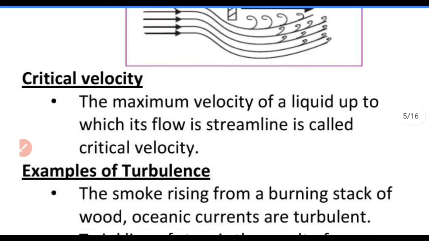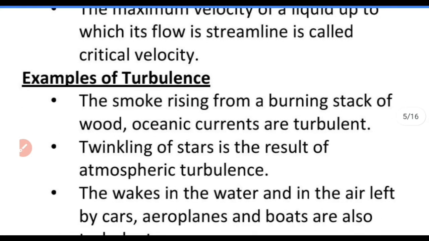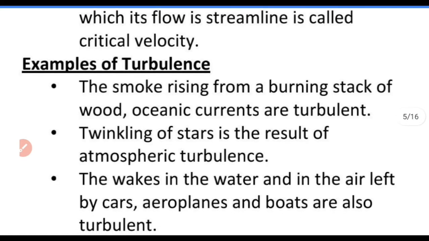Now we have the examples of turbulence. Smoke rising from a burning stack of wood is an example of turbulence you might have seen. Then oceanic currents, that means the waves also, are examples of turbulent flow. Then twinkling of stars is a result of atmospheric turbulence actually.